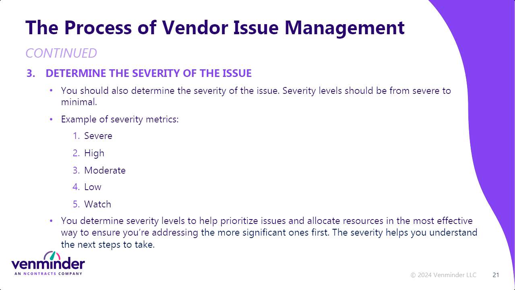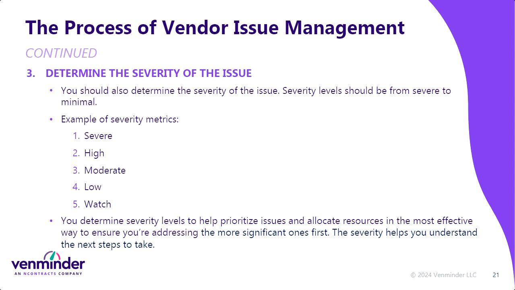And something that's really important as the third step is understanding and determining the severity of the issue, because not all issues will be severe. Hopefully, there will be minimal severe issues. Most of the time, they're going to be issues that you just need to pay attention to and make sure you follow up on.